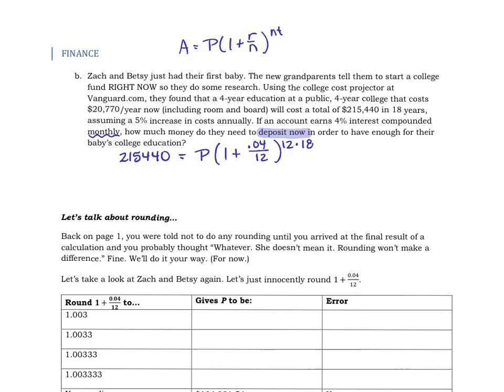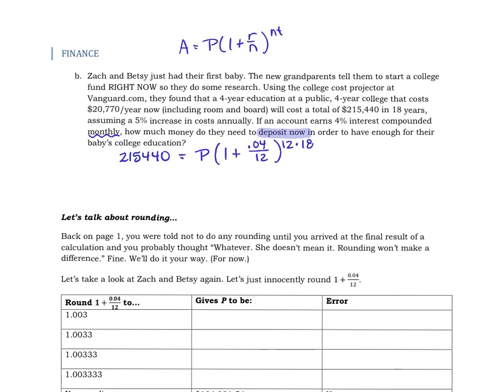So again, just like I've been saying, go ahead and do the 12 times 18, get that amount. You'll find out that that's 216. So then type in your parentheses 1 plus 0.04 divided by 12 parentheses raised to the 216 power.